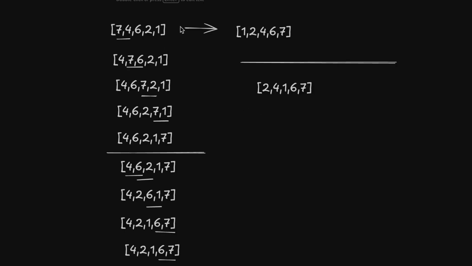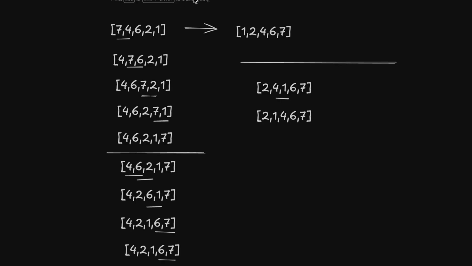Then we have to check this 2 now. Now again we can see the same case, so we have to swap it. Okay, this will be 2 1 4 6 and 7.